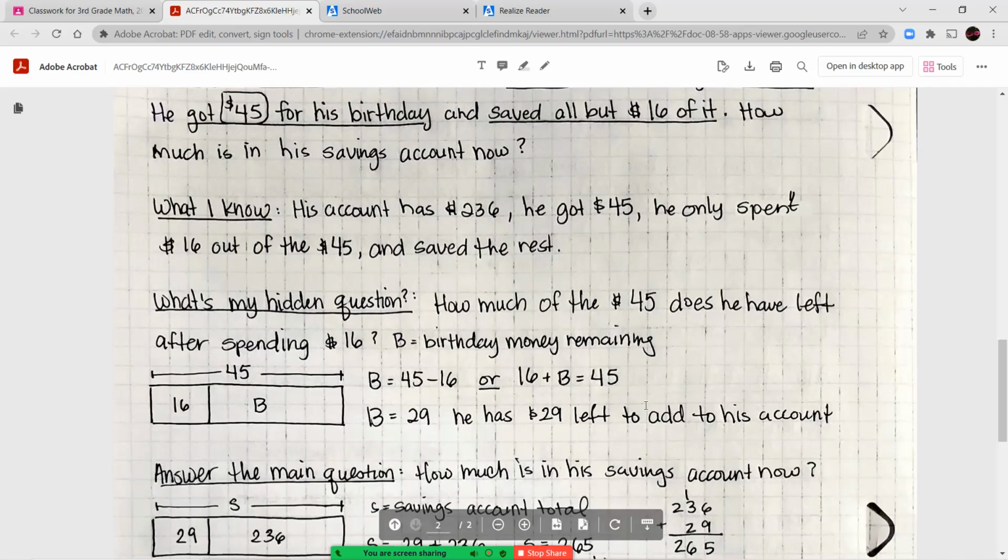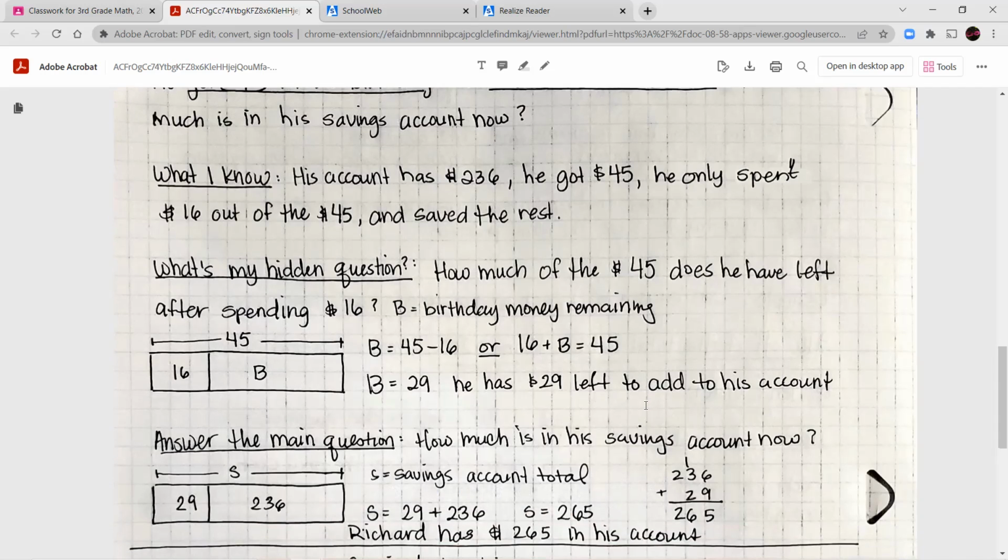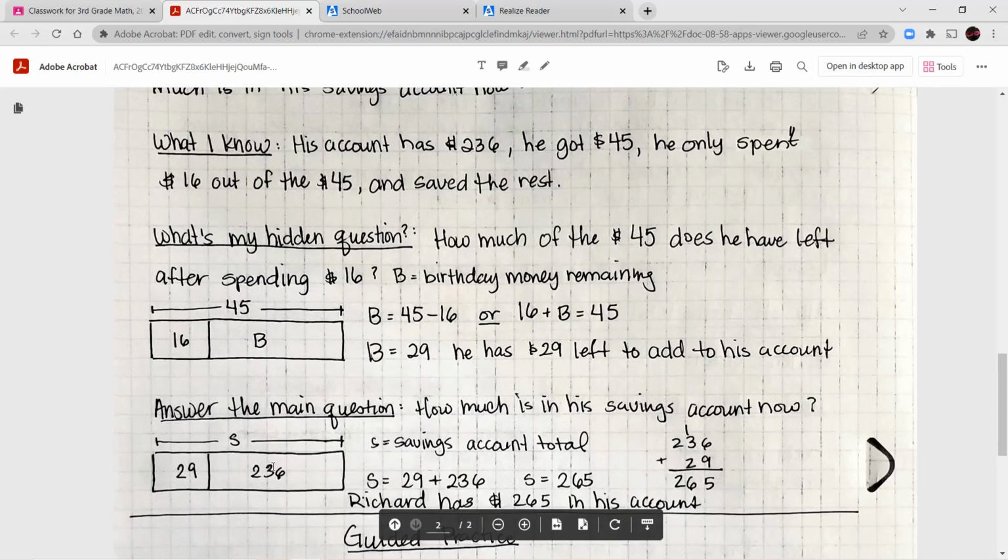So now that we've answered our hidden question, we can answer the main question. How much money is in his savings account now? We know his savings account had $236 and he has $29 left over from his birthday money. I'm going to use S as my variable for the total that he has in his savings account.